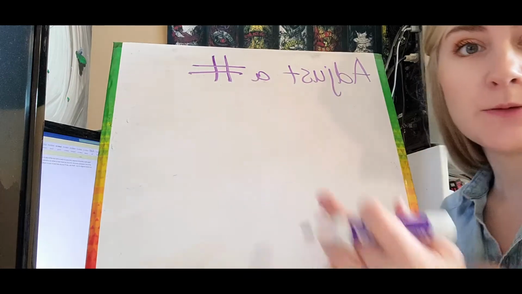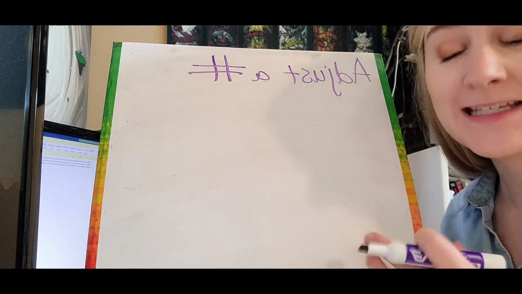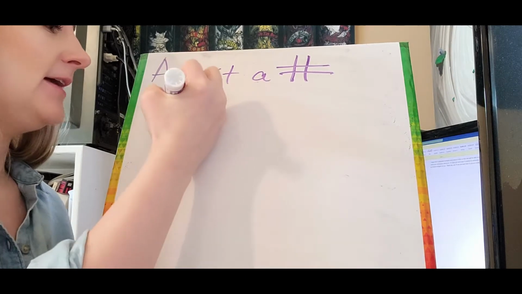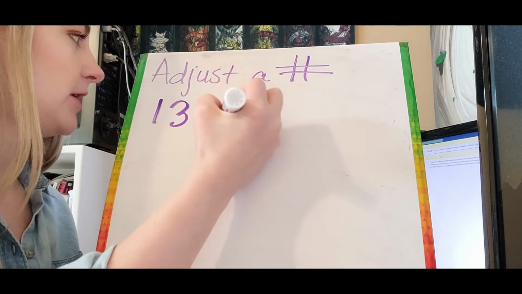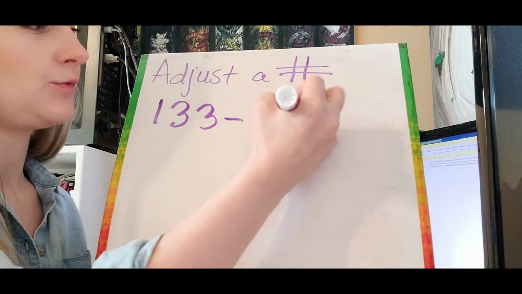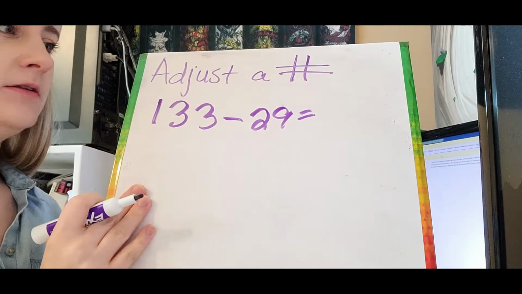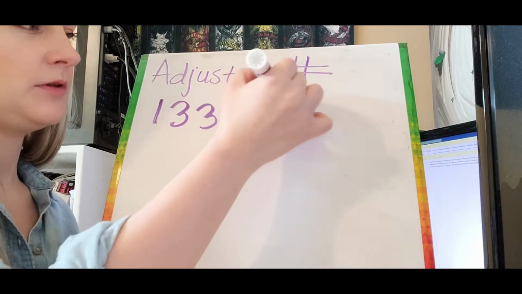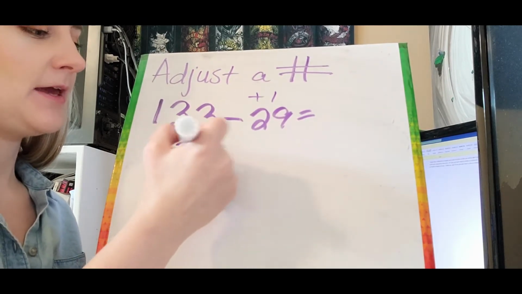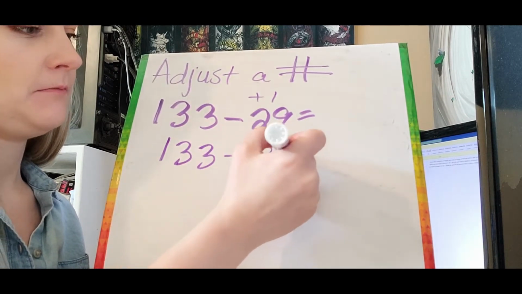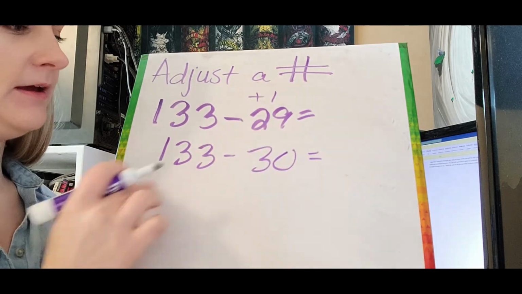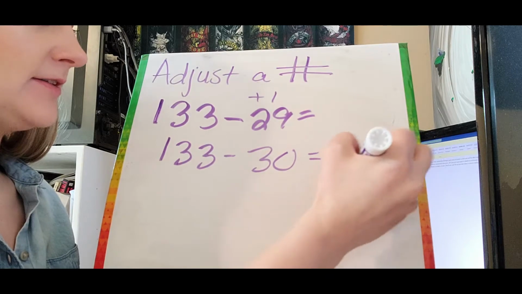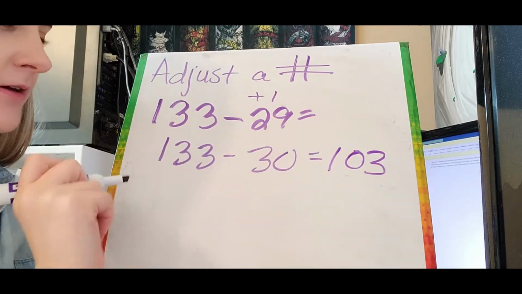We're going to manipulate numbers to make the problem easier for us to solve. The first example we're going to do is 133 minus 29. Now what we could do is add a 1 to this and make it 133 minus 30, which is going to give us 103.